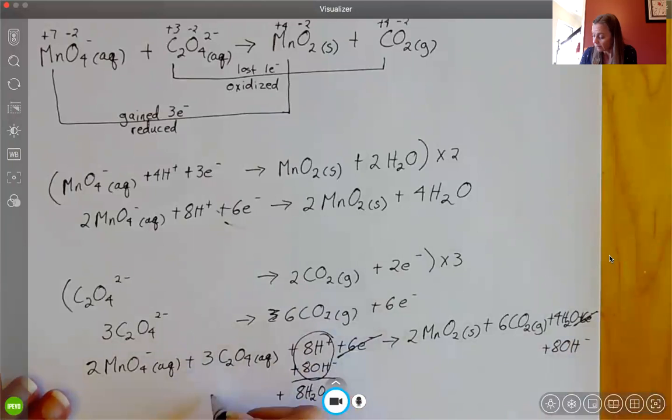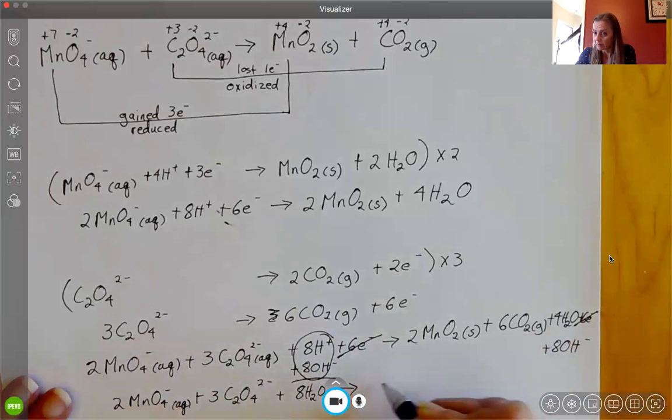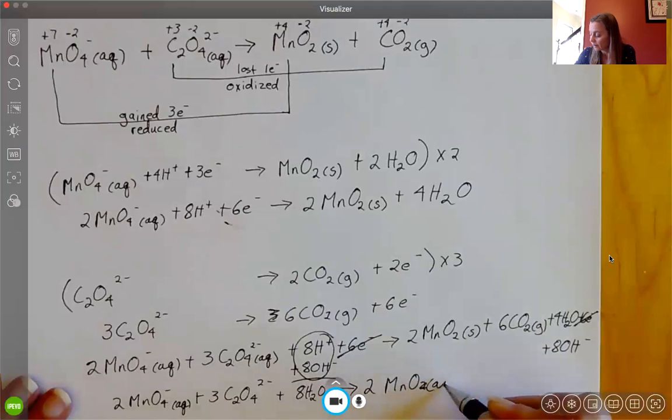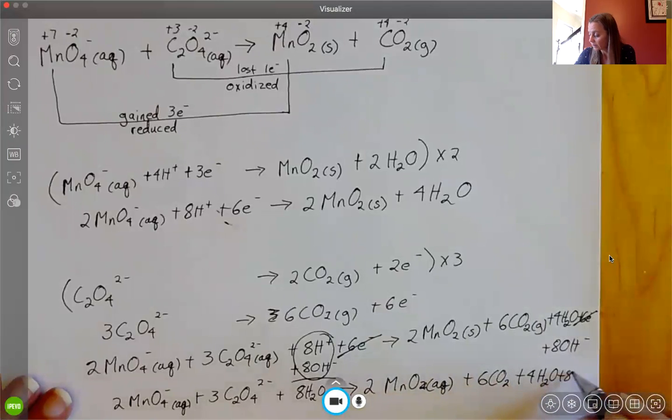And we still have the oxalate ions and the permanganate ions forming the manganese 4 oxide and the 6 carbon dioxide and the 4 water and the 8 hydroxide ions.